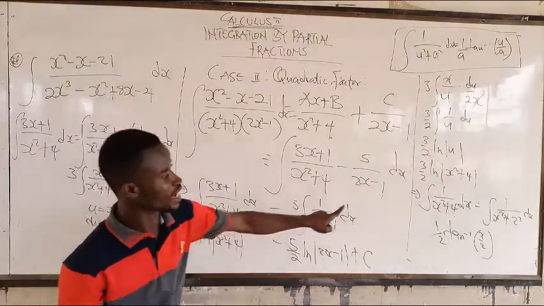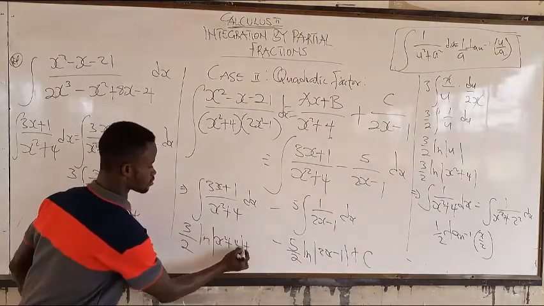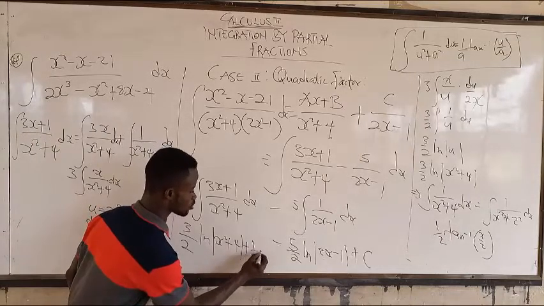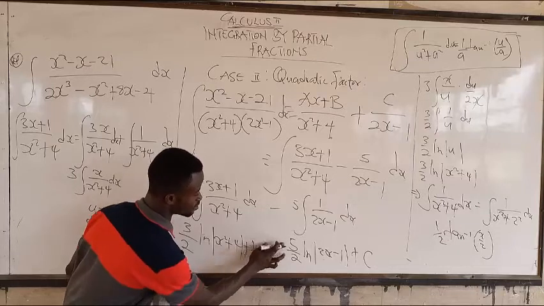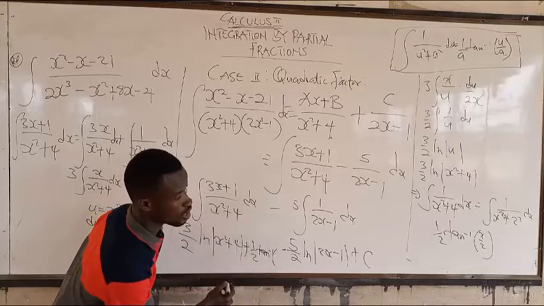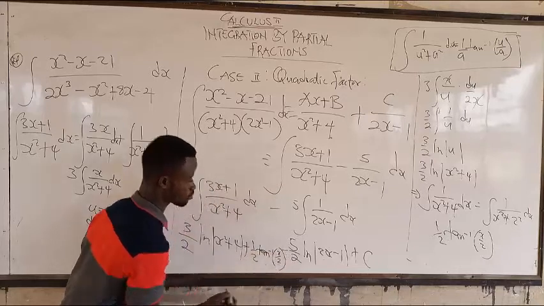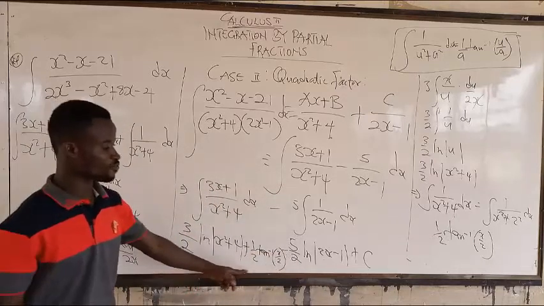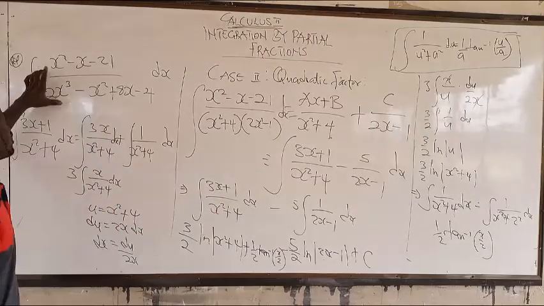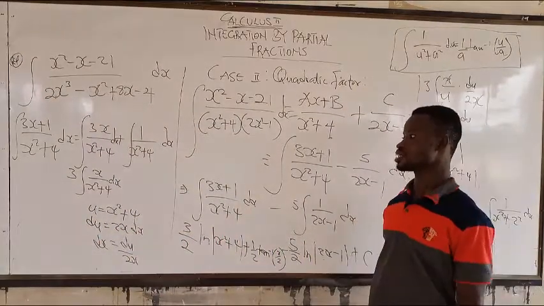And that is exactly what we have here. Then plus 1 over 2 tan inverse of x over 2. So that is going to be the final result for integrating this function.